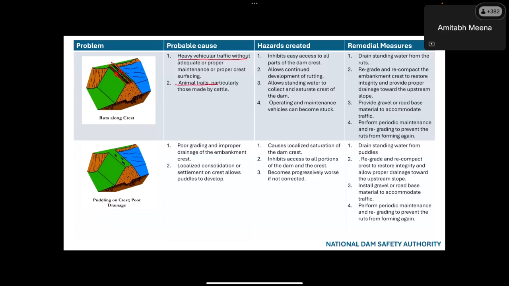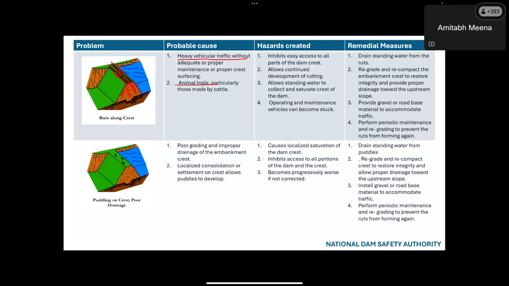Some water may stagnate over these depressions, which may percolate down. This will create separation of zones. This zone will remain dry, and this will be wet because there will be more percolation of water from this side. So this will create artificial separation in the dam body. And if coincidentally the material is also not so homogeneous, then these may develop into cracks also.